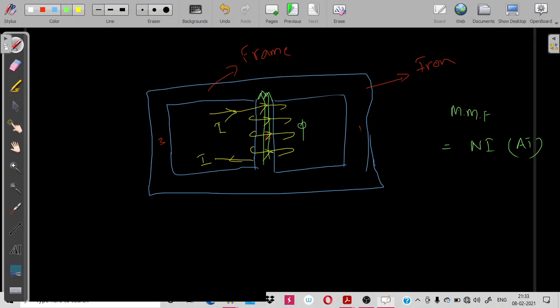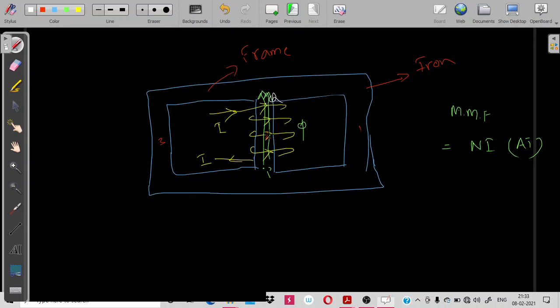Now the moment the MMF NI is set up, it will drive a flux, or force the flow of flux phi. Then I'm considering two points, point P and point Q, on limb number 2, on which the coil is wound.